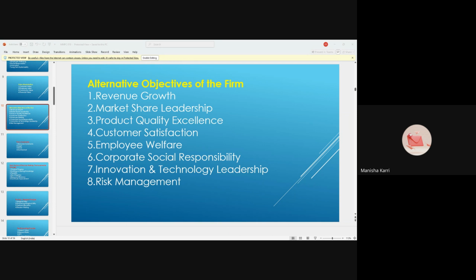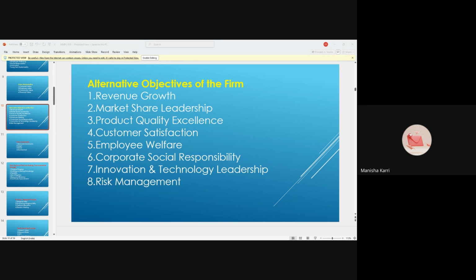Okay, next, coming to corporate social responsibility, which is CSR. Firms may have a strong commitment to CSR, aiming to make a positive impact on society and the environment. This can include sustainability initiatives, philanthropy, and ethical business practices, which is CSR.